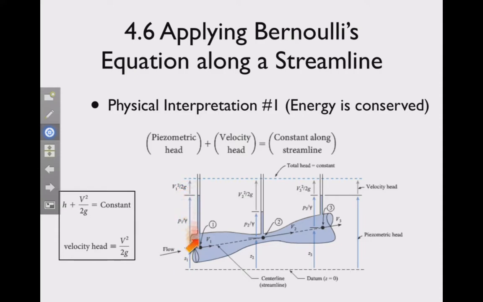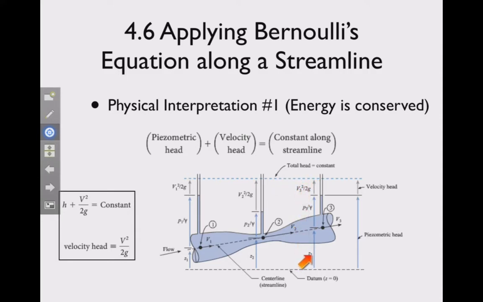But since this is conserved at point 1, point 2, and point 3, these different quantities may change. We can see that the elevation has gone up a little bit, the pressure head has gone down a little bit, and the velocity head has increased a little bit. But all the time we're maintaining the same amount of total head.